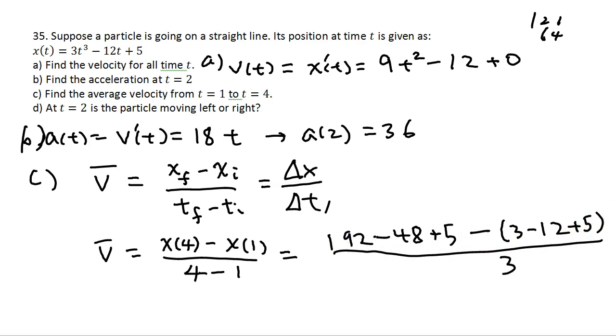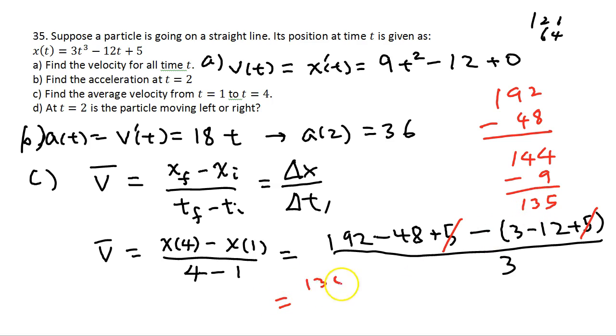And then this 5 and 5 cancel, and this is minus 9, that's plus 9. So 192 plus 9, then minus 48, that's 144, and then if you subtract 9, that's 135. So you have 135 divided by 3, which is 45. So that's the average velocity.